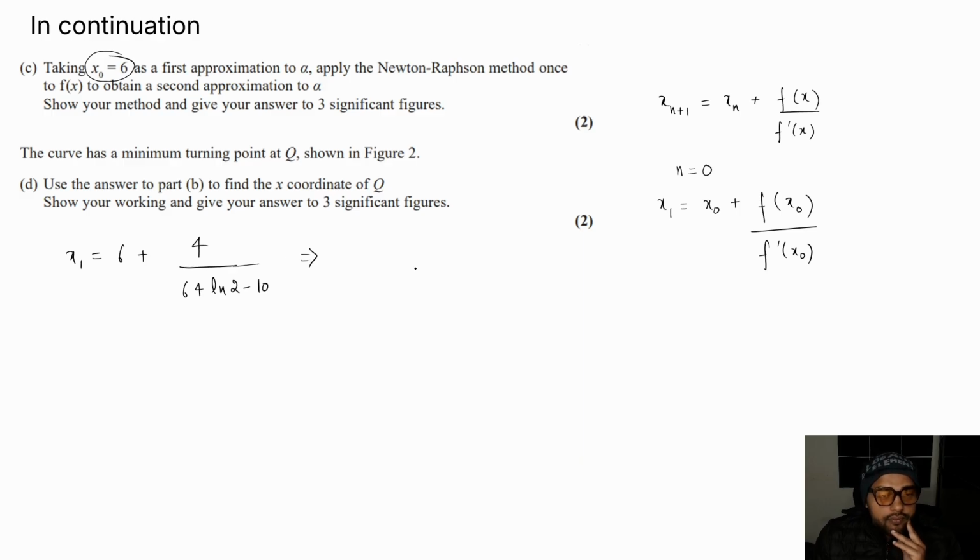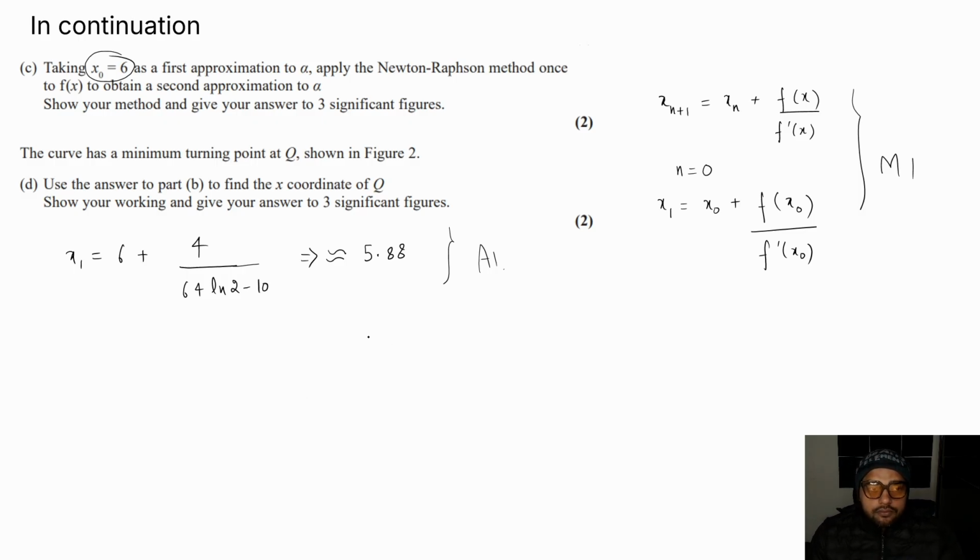This is the value they were asking for. On calculating it, we are getting roughly 5.88. For this part, you will get M1 for the approach for this method, and A1 for the accuracy.